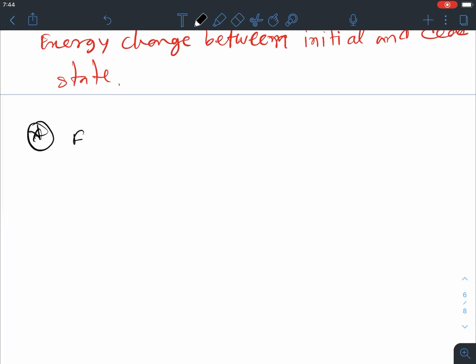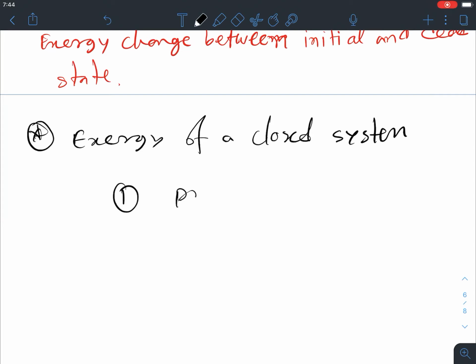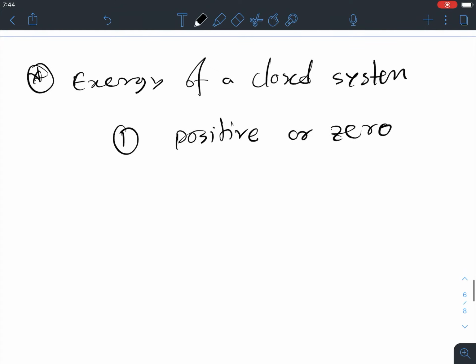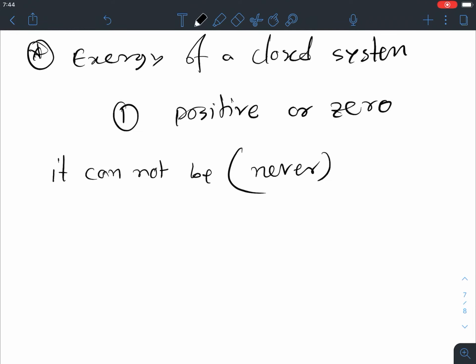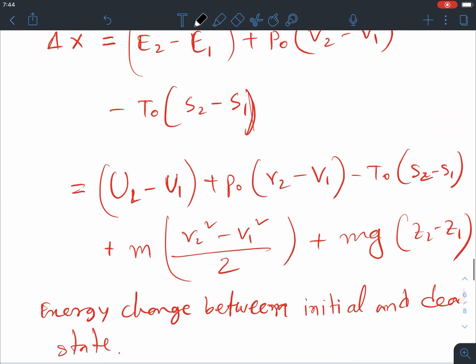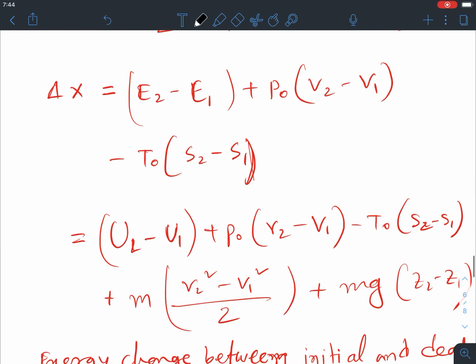So one more conclusion is that the exergy of a closed system is number one positive or zero, right? However, it can never be negative, right? This is very important.